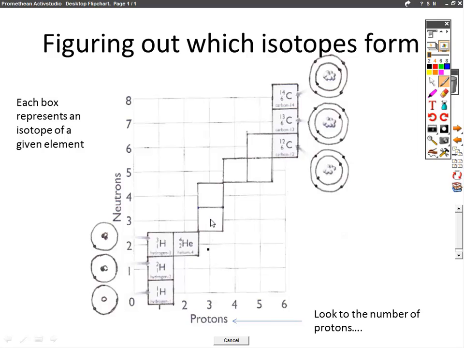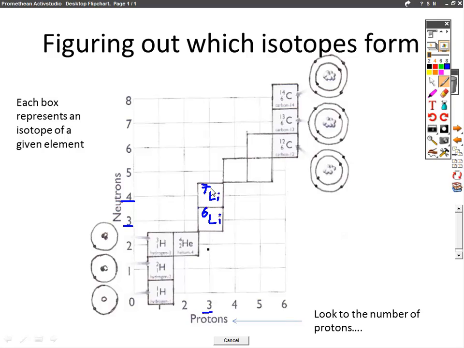Look at the periodic table. Lithium. Here we have lithium with 3 protons, 3 neutrons. What's the mass? 6. We also have lithium with 3 protons and 4 neutrons, and that's going to be lithium 7. So you have 2 isotopes of this.